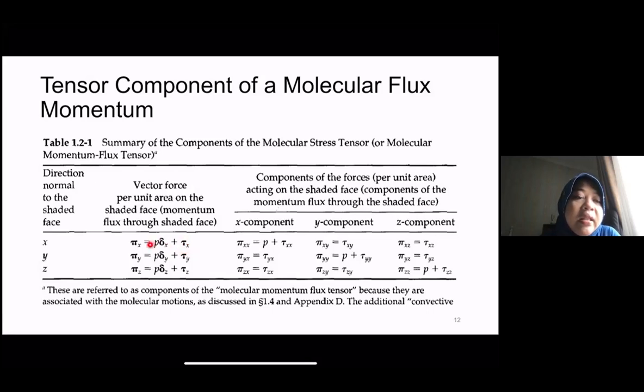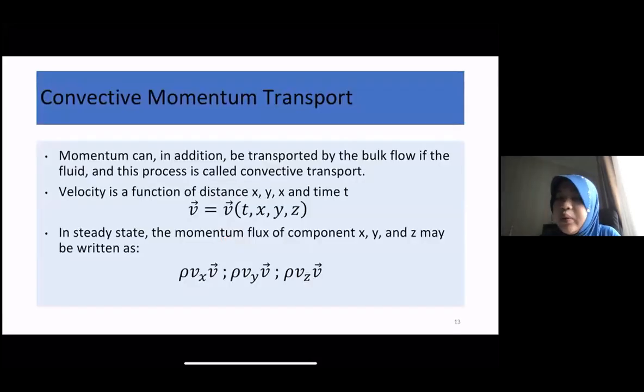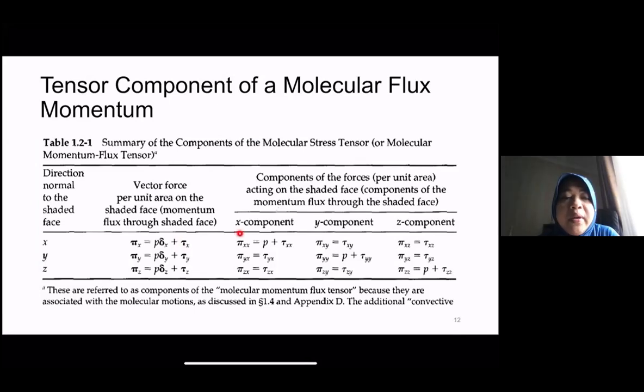Okay, and in this shaded x, we can break it down again to the x component, the y component, and also the z component. So we call it pi xx equal to P plus tau xx, and then pi xy equal to tau xy, and then pi xz equal to tau xz. Why is there no P in here? Because the P comes with the Kronecker delta, and this is x with y component.